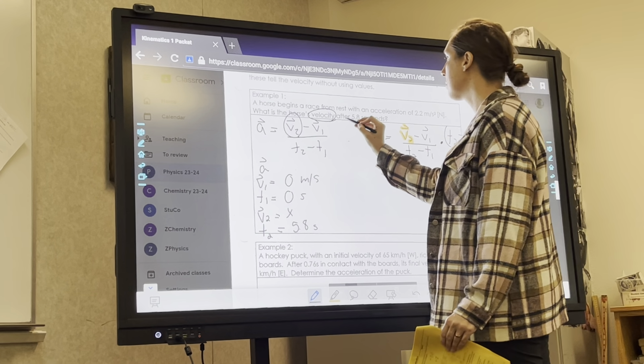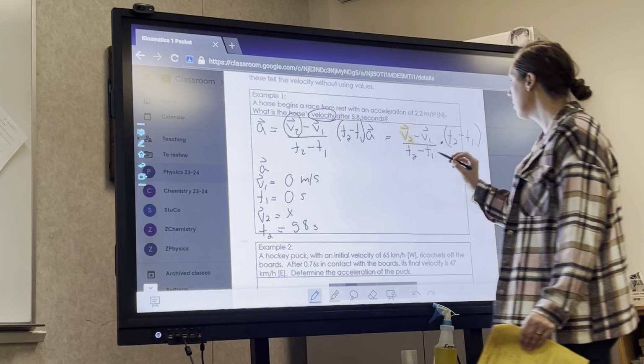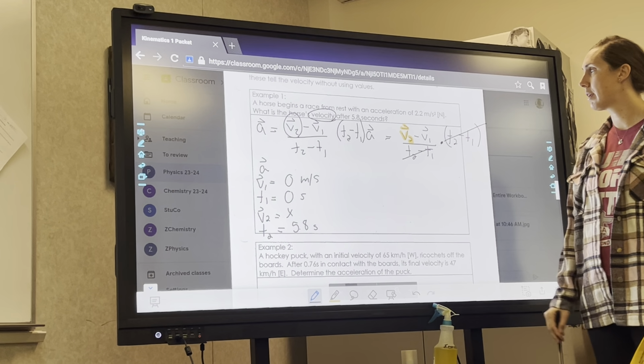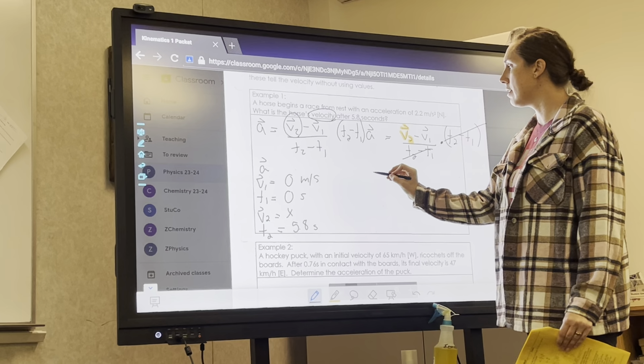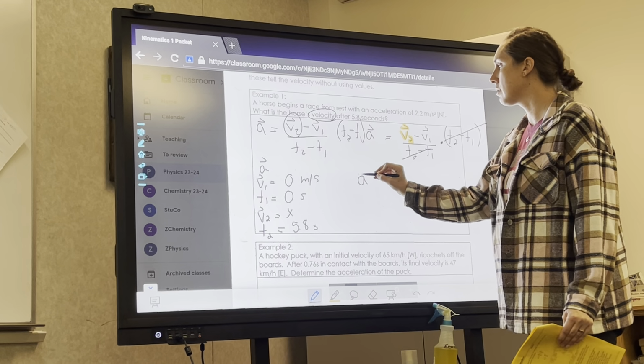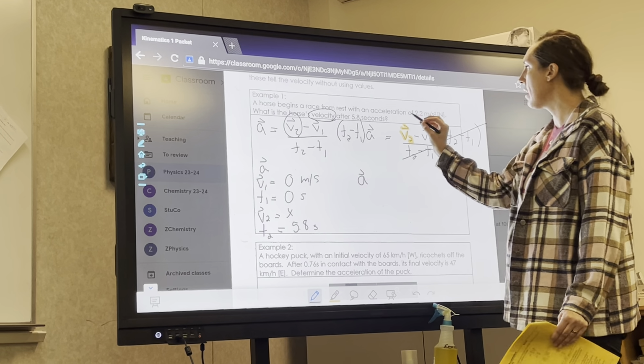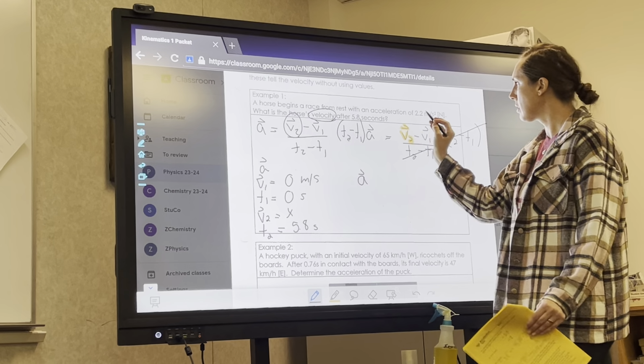This crosses it out. Oh, my bad, we forgot to put acceleration up here.